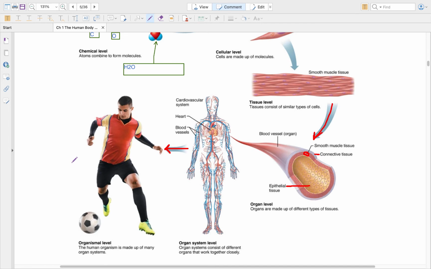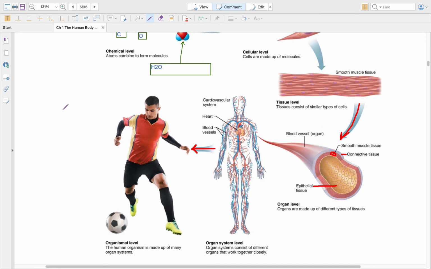This is clearly a person, an athletic and healthy person. The reason they're showing you an athlete is to show that this person is completely healthy, right? And all of those organ systems, the cardiovascular, the respiratory, the integumentary, the digestive, and so on, all 11 systems make up the organism.